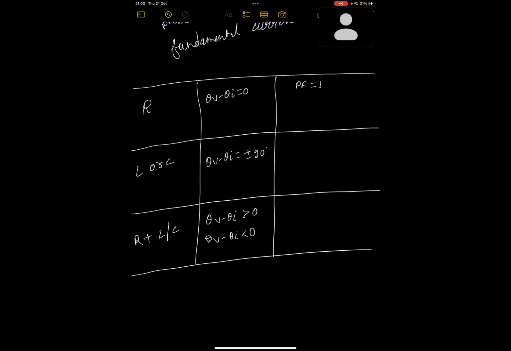So here the power factor is 1. For resistance, remember, the power factor is 1 always.